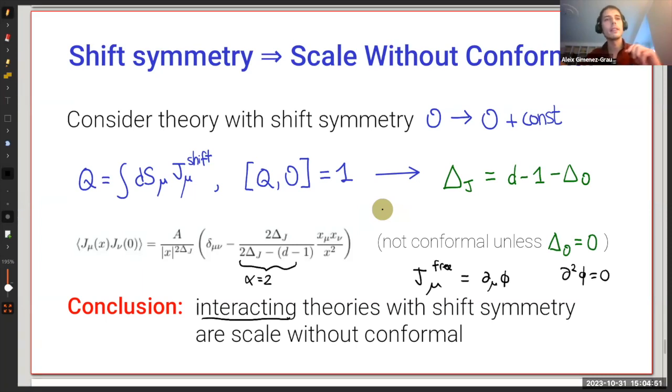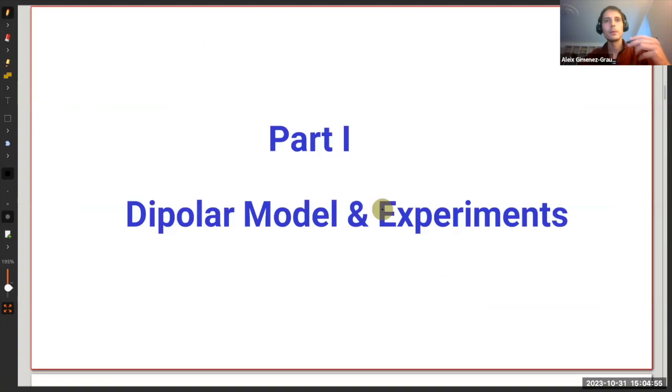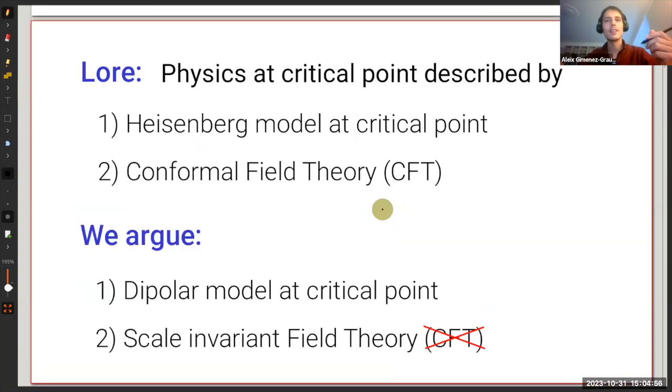The thing is that many people think all fixed points are actually CFTs, and in fact over the last, let's say, 10 years, people came up with a bunch of counterexamples to this statement, counterexamples that are only scale invariant.